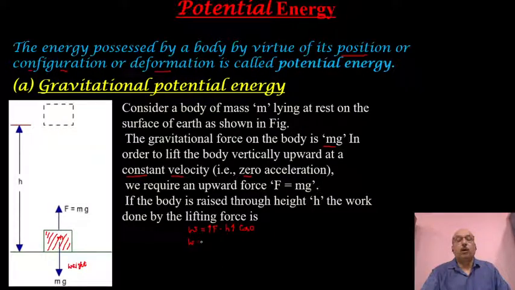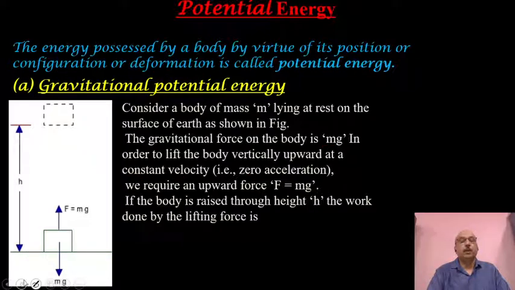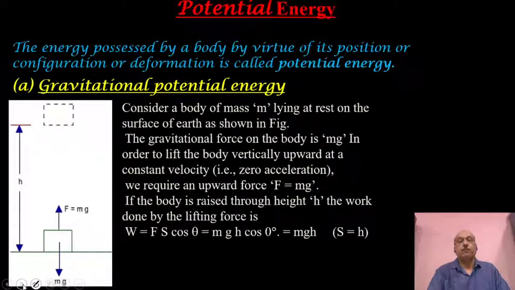So the work done to lift the object for a height h will be equal to mg times h. Right? So it will be mgh, that is the gravitational potential energy.